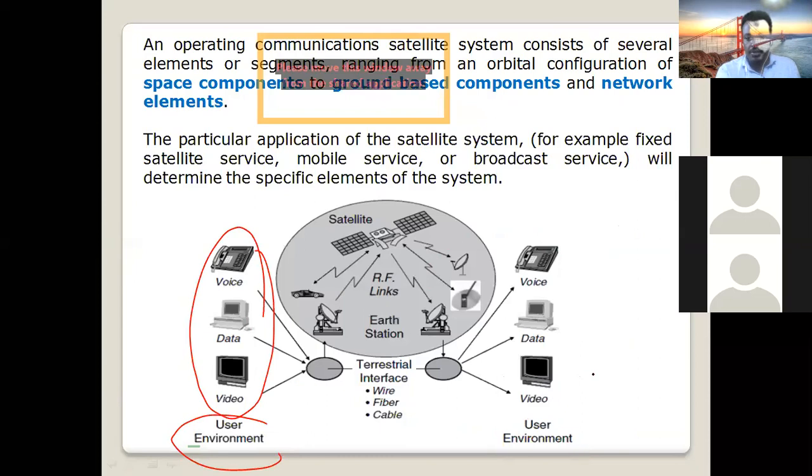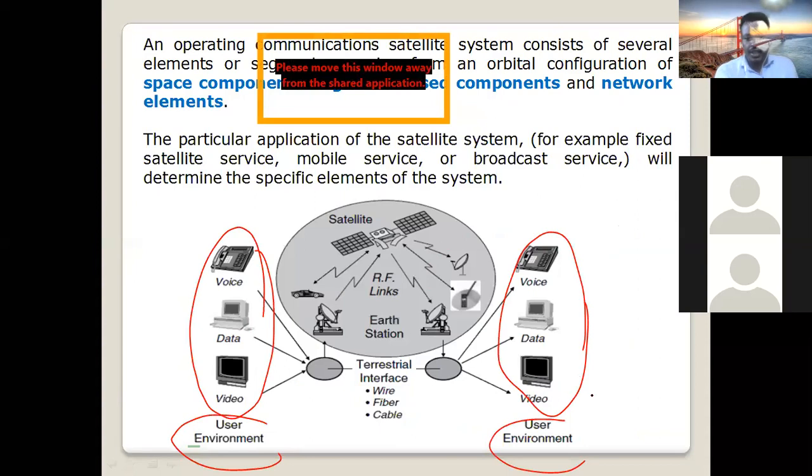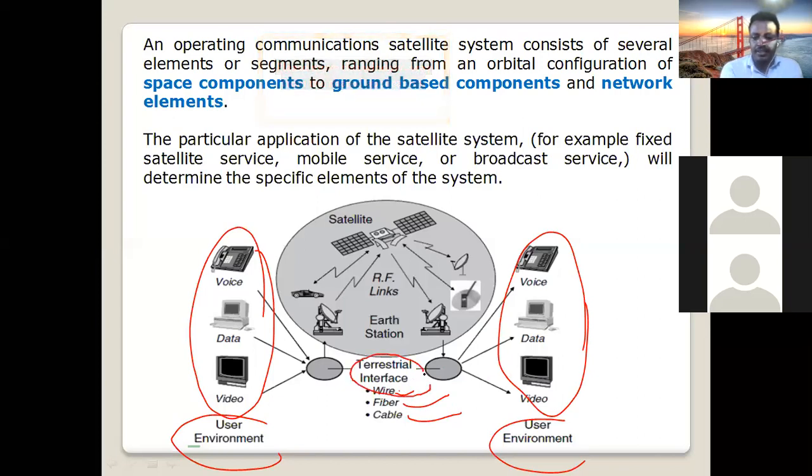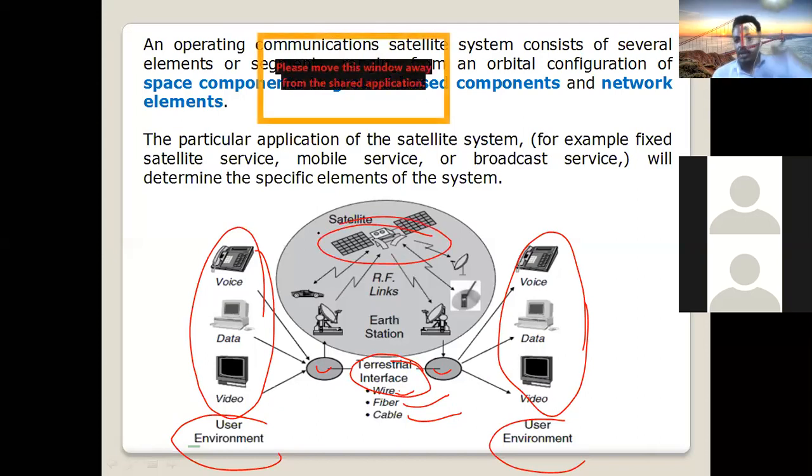On another side, we have voice, data, video, or a combination. You can communicate on the ground, we call it terrestrial network. It can be wireless, right? It can be fiber. It can be copper cable on the ground. In addition to this terrestrial interface between these two nodes, we can use another network from here, from the satellite. It's one option. On the ground, we have how many options?